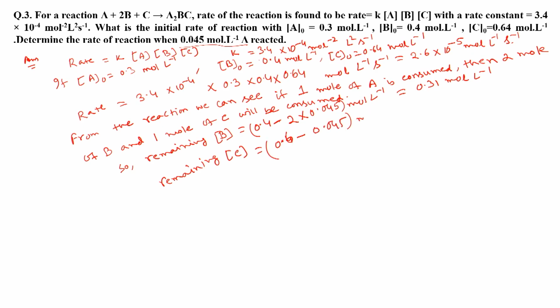So this is your moles per liter. So if we do it, we get 0.595 moles liter to the minus 1.